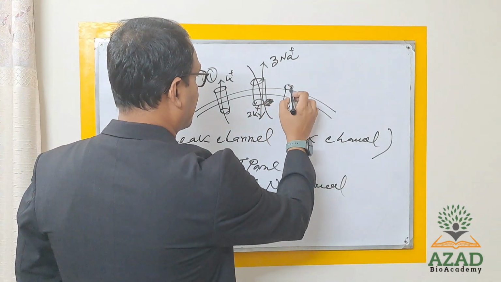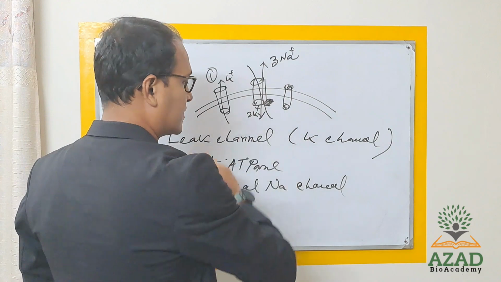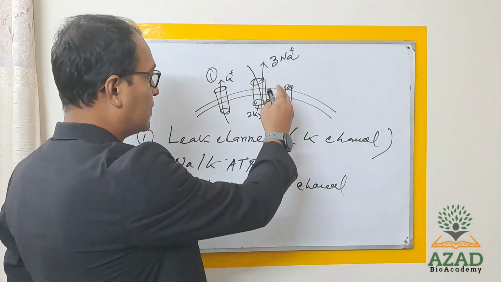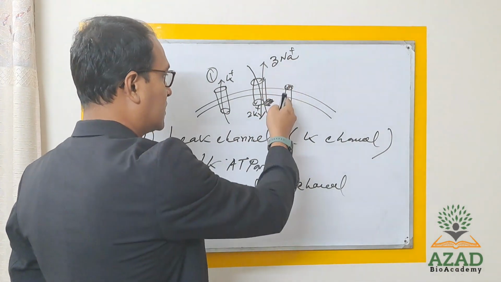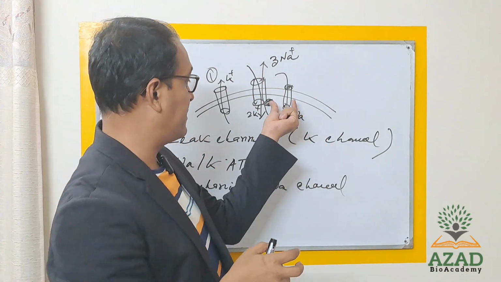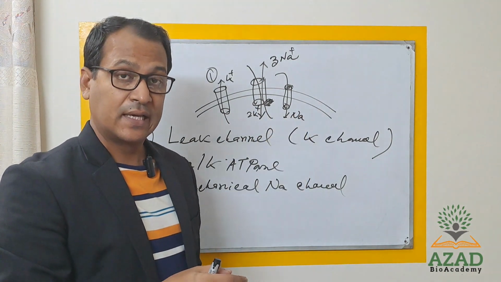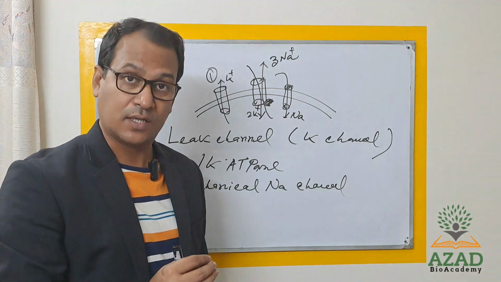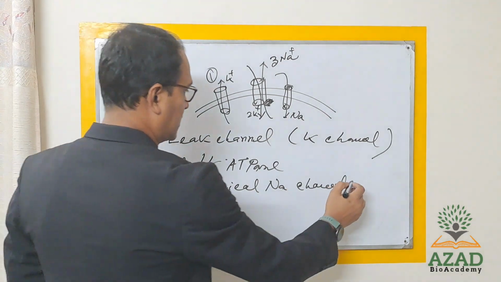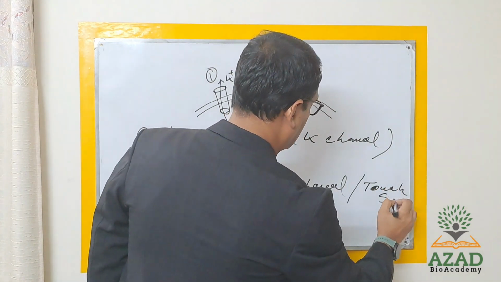In general, it is not open like the leak channel, but it needs some mechanical force like touch or pressure, and then it will open, and through this sodium will enter. But remember, this mechanical sodium channel, or touch sensitive sodium channel, is not like the voltage gated ion channel. Remember it.